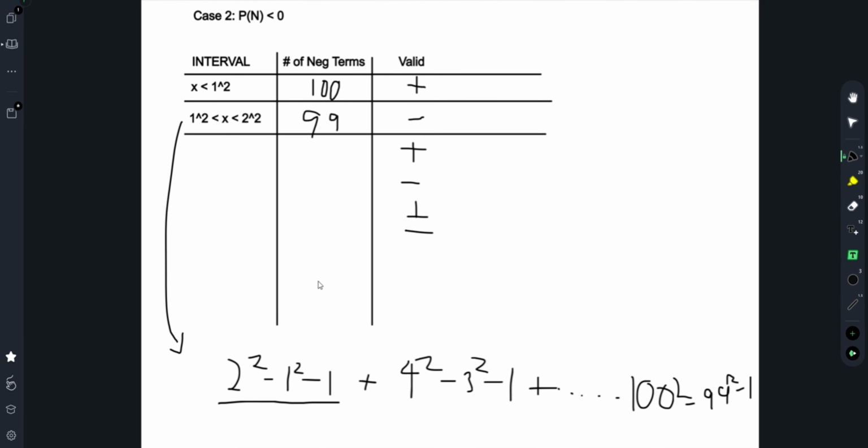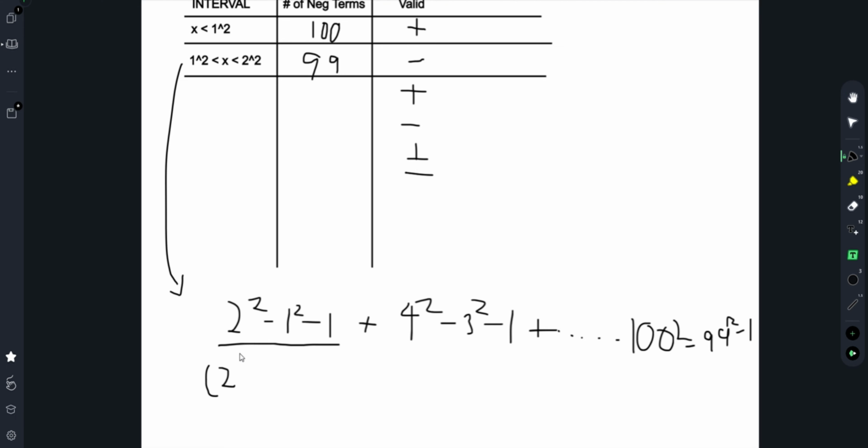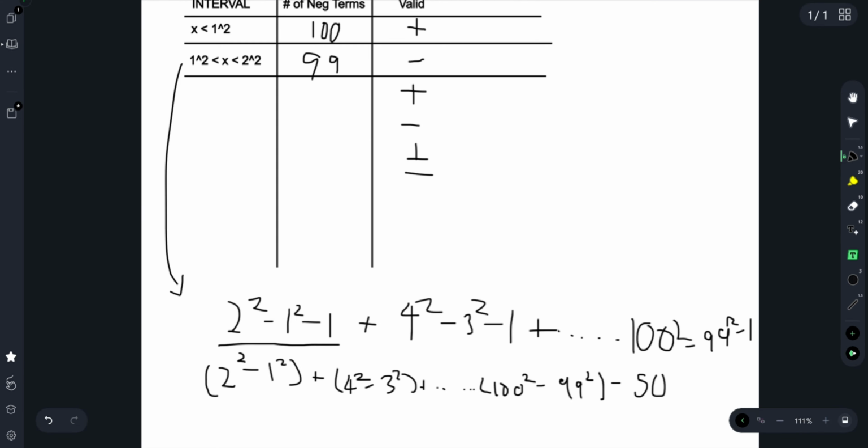So we can turn this into 2^2 minus 1^2 plus 4^2 minus 3^2 plus dot dot dot to 100^2 minus 99^2, minus 50, because there are 50 pairs, because 2, 4, 6, we can just divide 100 by 2.